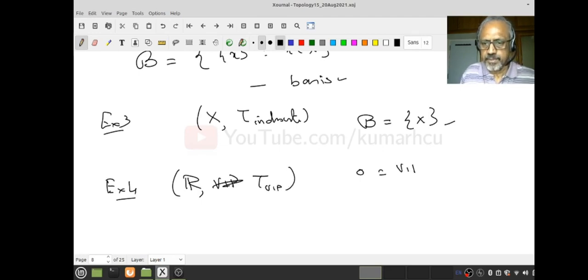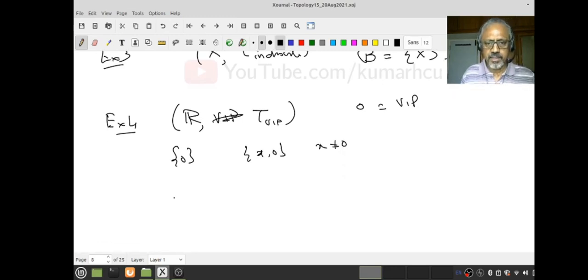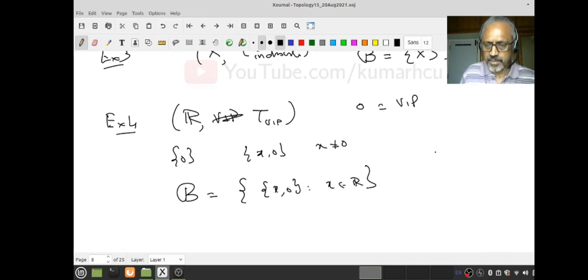Now let us look at our R with the VIP topology. 0 is the VIP. Then we have seen what are the simplest open sets containing 0, which is {0}, and containing any other element x, {x, 0} if x is not equal to 0. Therefore, what can be the basis? I can simply say {x, 0} as x in R. If I use a set theoretic convention, if x is 0, {0, 0} is the same as singleton {0}.